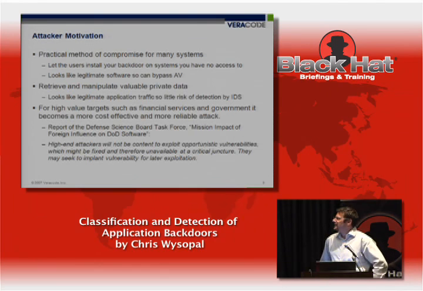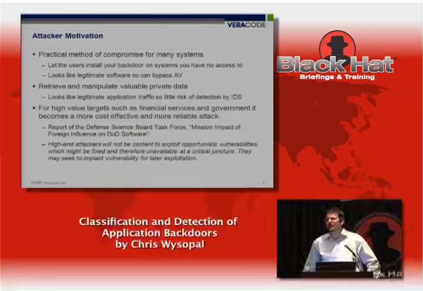I think that the major motivation of this is it's another way to attack many systems at once. If you can subvert an application and that application gets installed and you can find it, you don't have to go looking for a particular vulnerability. You know it's going to be there just by the presence of the application.